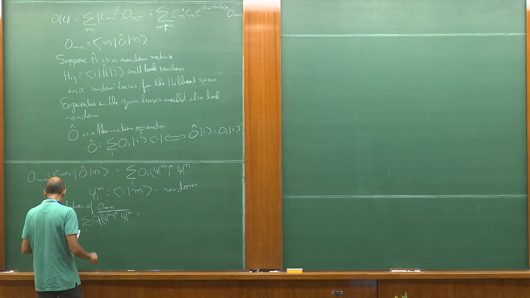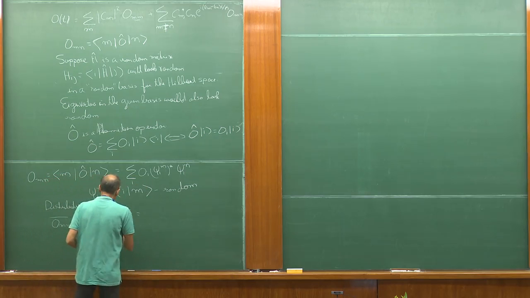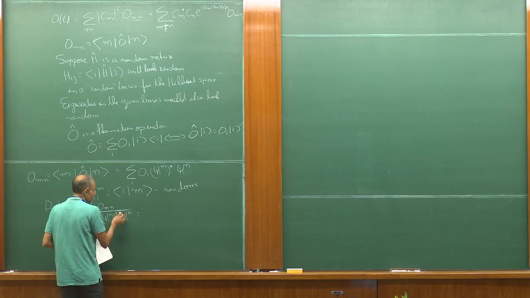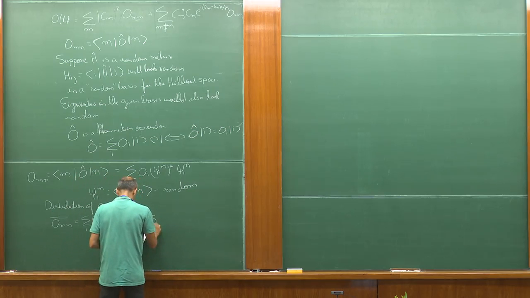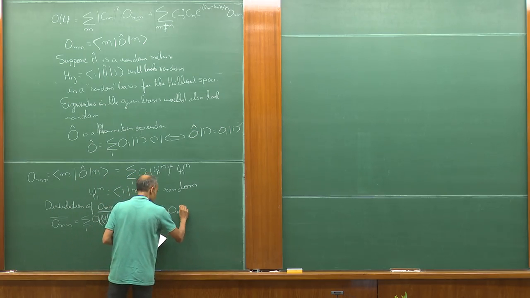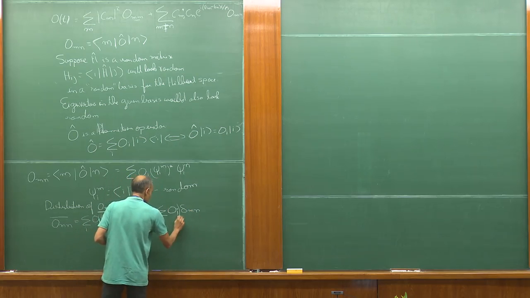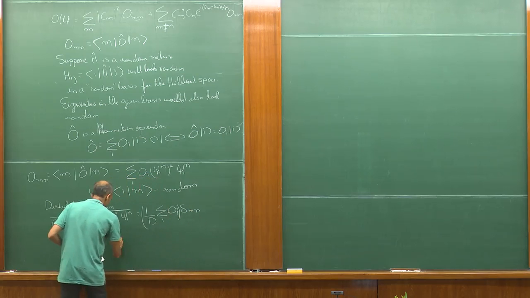And if you look at the mean of this distribution, given that these are random vectors, you can show, and it's not very difficult to show this, where D is the Hilbert space dimension.